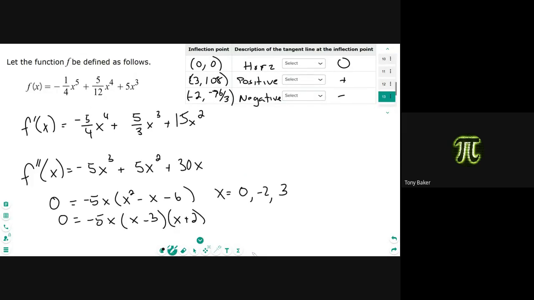The answers are the same no matter what. So actually, that's positive, because that one's positive. Because you get negative, positive, positive, or yeah, positive, negative. Yeah. The 15x squared rule for rules.